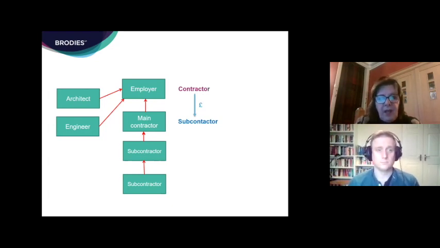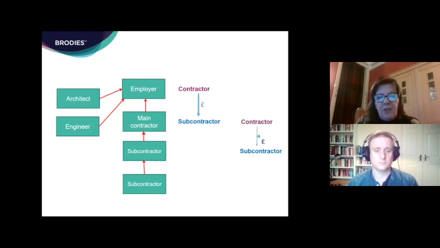But that's not the end of the story, because the main contractor, when you look at his relationship with the subcontractor in my left-hand side chain, is actually a contractor as well for the CIS. So the main contractor is both a subcontractor and a contractor. And if you are both, you have to register in both capacities under the CIS.